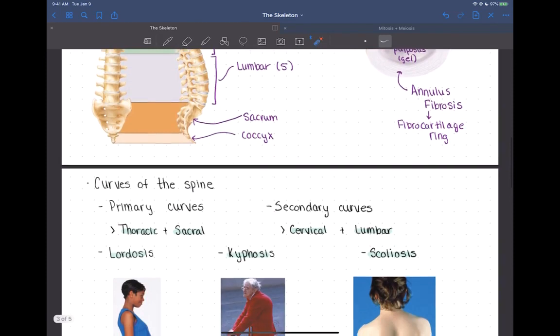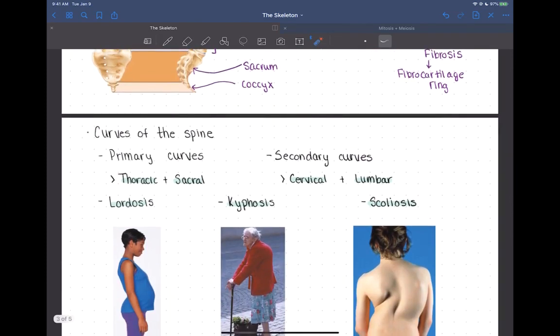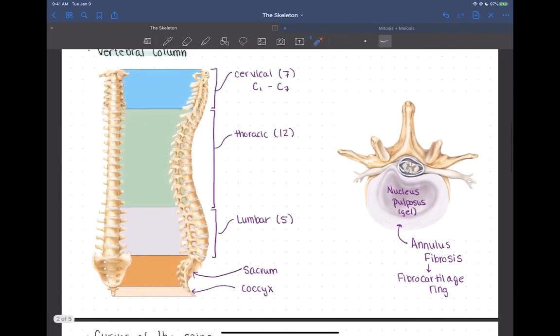So the primary curves of the spine are the thoracic and sacral curves. When you're born, your spine essentially has a C shape to it, okay? It's curved convex posteriorly, so from the front, it's concave. So you naturally have this kind of C-shaped spine like this.